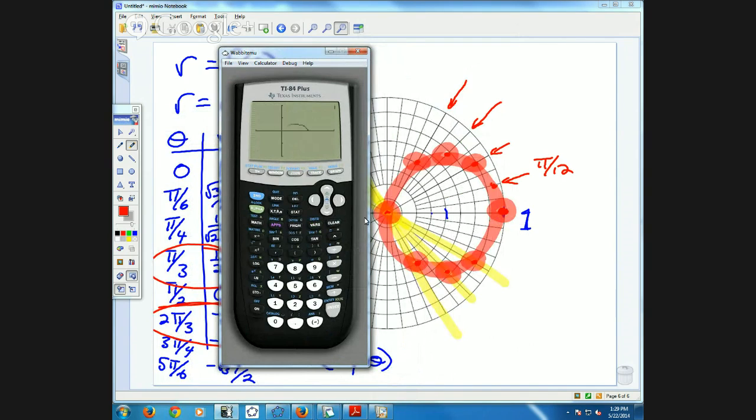And graph. And it doesn't look circular here. If we square it, will it? Yeah. If you do zoom square, it'll look better. Yeah, that's much more circular. Oh gosh, mine looks kind of crappy. But maybe I should zoom in on it. Let's go window. Oh, polar.